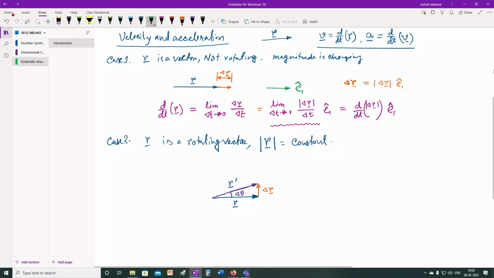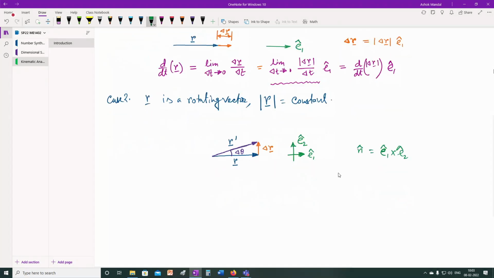As we did for the previous case, we define a unit vector along this direction, and that unit vector is E1. We define another unit vector in this direction, that is E2. And we have unit vector n, which is perpendicular to E1 and E2. The relation is, when you do E1 cross E2, you get n.